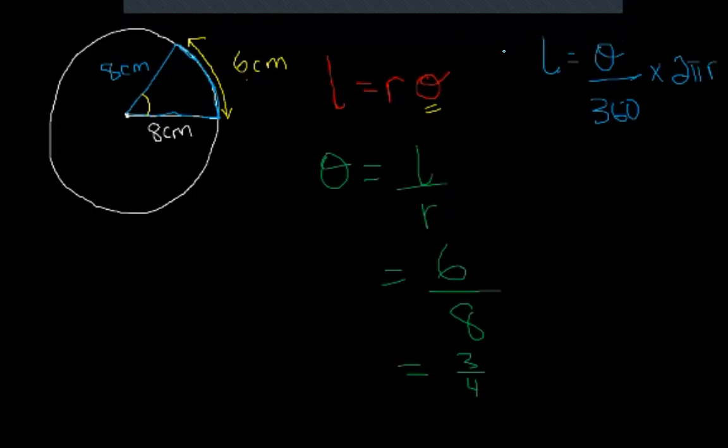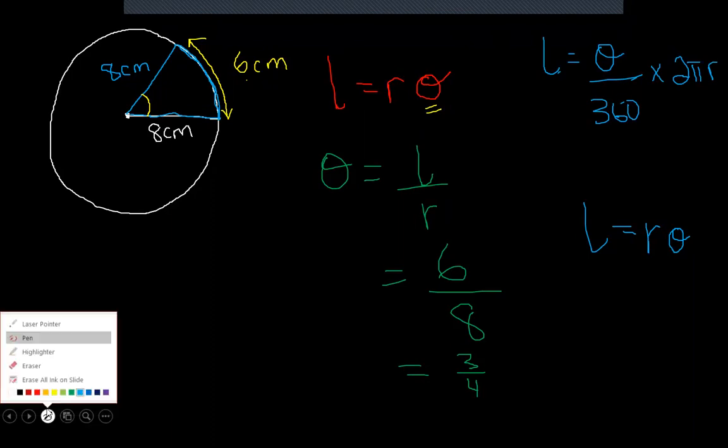This is for degrees. There's another one. L is equal to r theta. This is for radians. Now, tell me, this formula that we use here, is the angle in degrees or is it in radians?